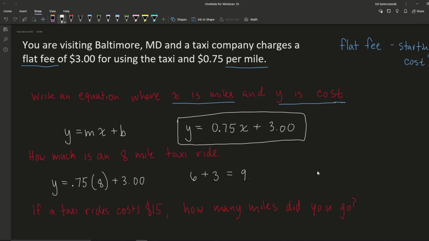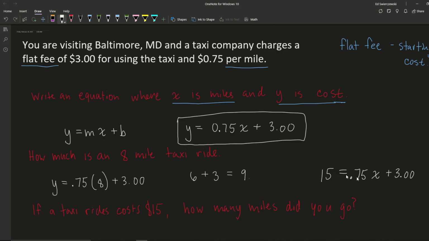So instead of writing y, I'm going to write 15, which is equal to 0.75x plus 3. And now we can go ahead and solve this equation. So I encourage you to try to do that. What would be the first step in solving this equation?